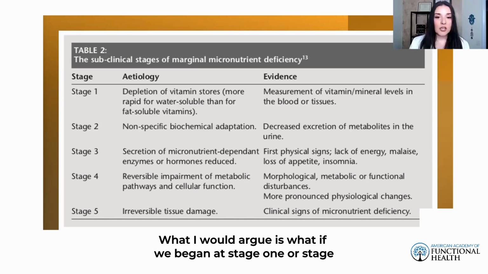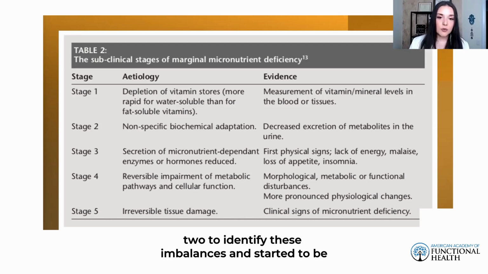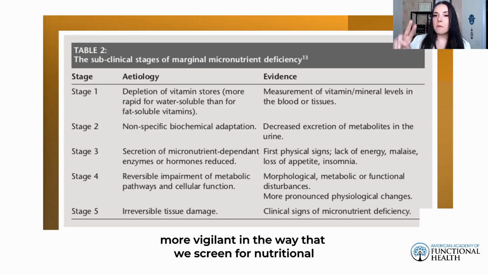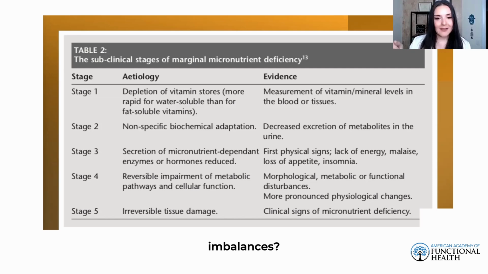What I would argue is, what if we began at stage 1 or stage 2 to identify these imbalances and started to be more vigilant in the way that we screen for nutritional imbalances.